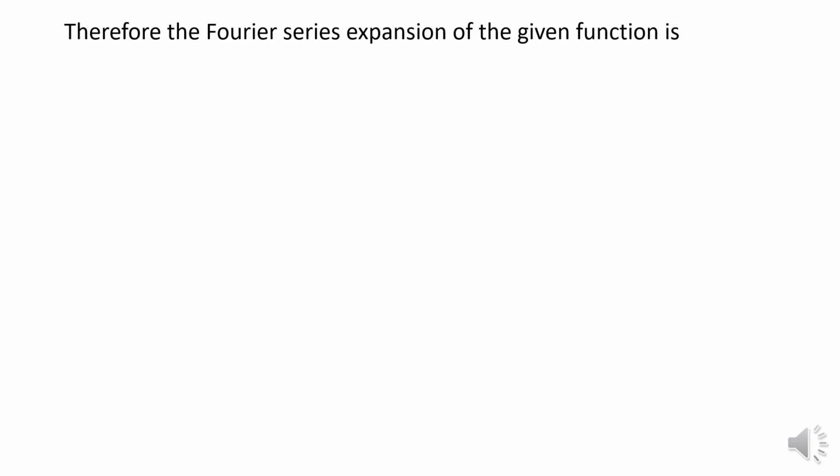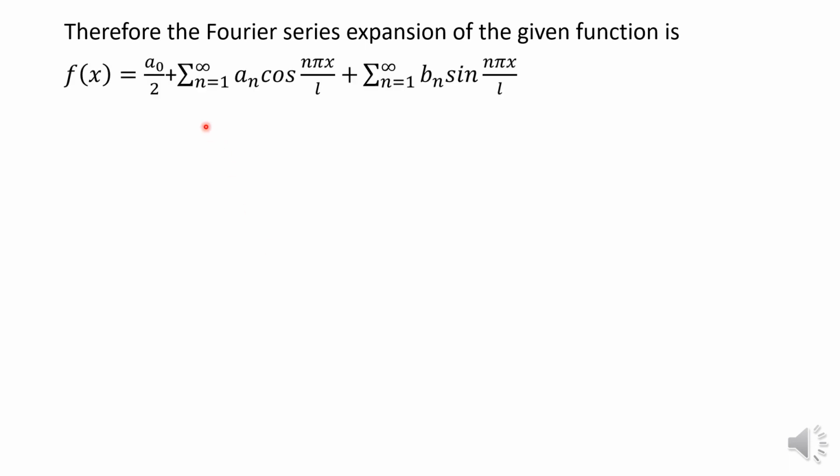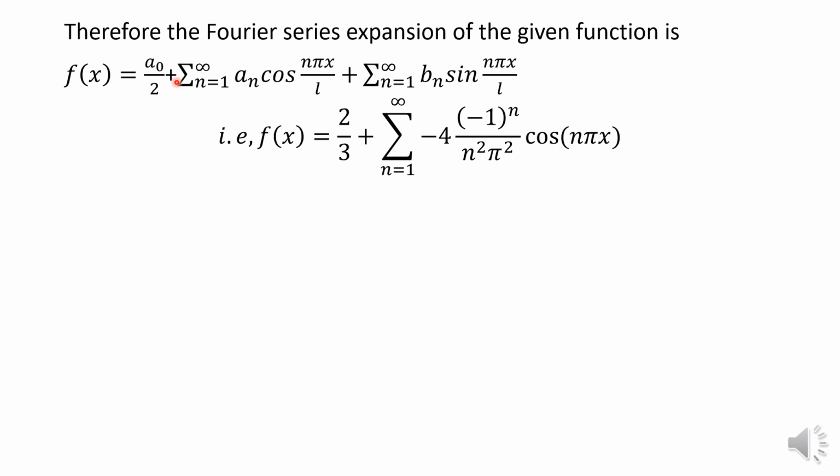This is the Fourier expansion of the given function. Substituting the values, the value of a0 is 4 by 3, so a0 by 2 gives 2 by 3 here, plus the sum from n is equal to 1 to infinity. The an value is minus 4 into minus 1 to the power of n over n square pi square, times cos n pi x, and we won't get any terms from the last because Bn is 0.